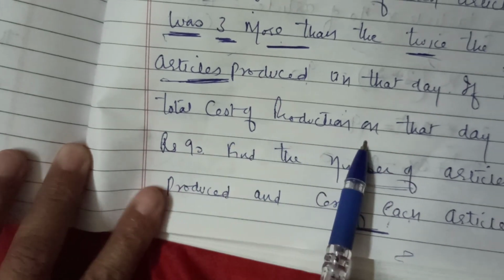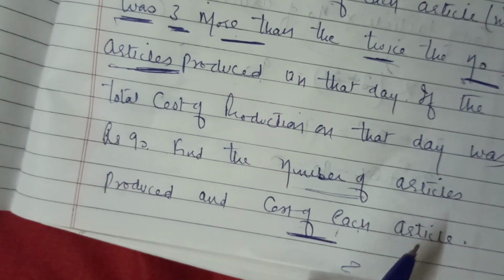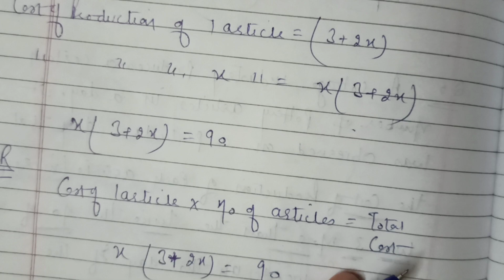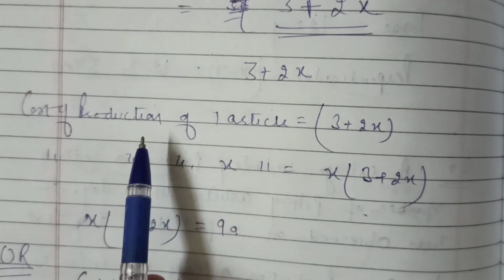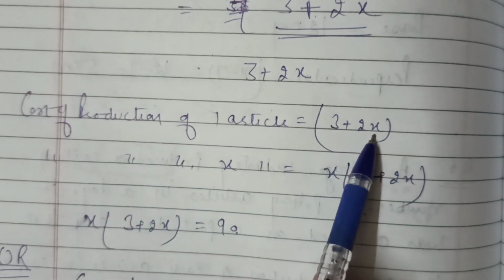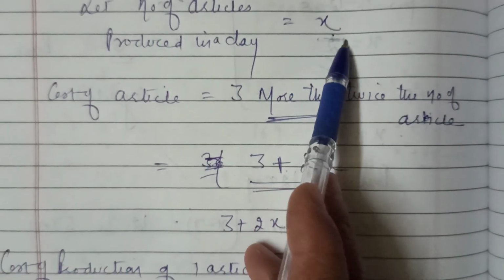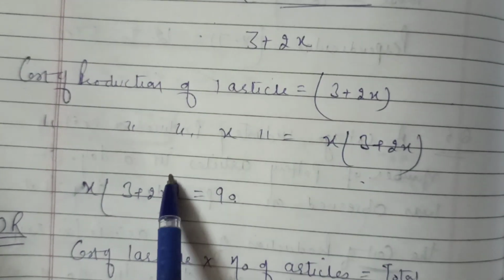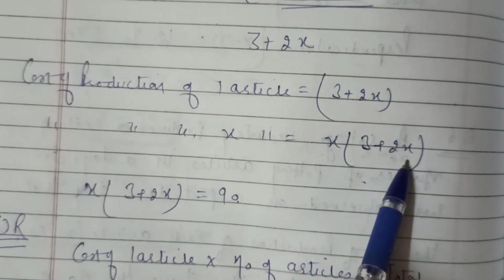Now it is given to you the cost of production on that day was rupees 90. Any total cost of production is given. Here you can find in two ways. Either one way like this also you can do. Cost of production of one article is 3 plus 2x. And we have how many articles? x. So what will be the cost of x articles? x into 3 plus 2x.